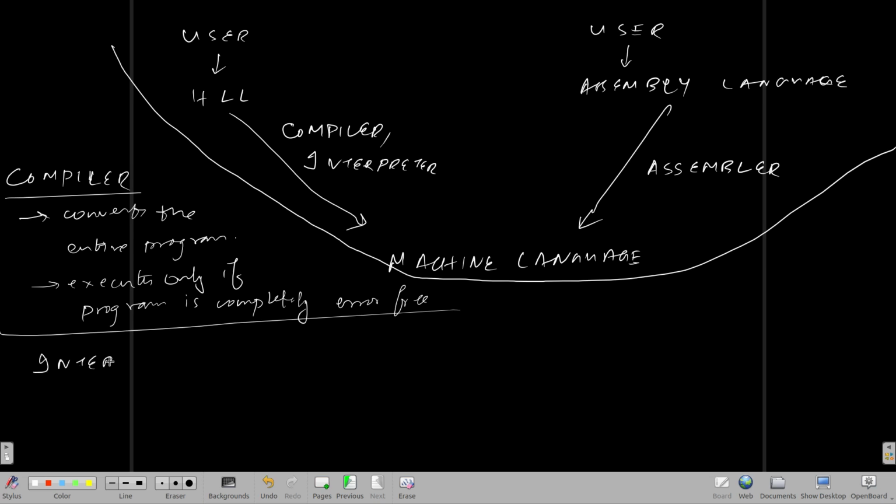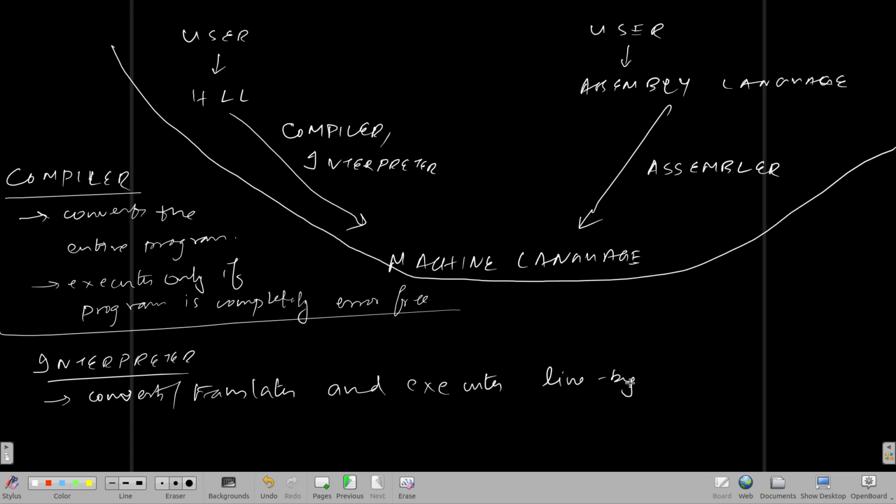Interpreter, what is it? It is the opposite of the compiler. It translates and executes line by line. Okay, it translates and executes line by line. So it has to deal with errors as and when they occur.